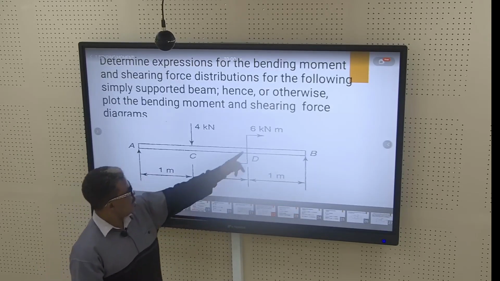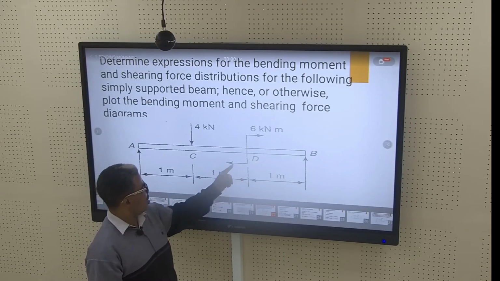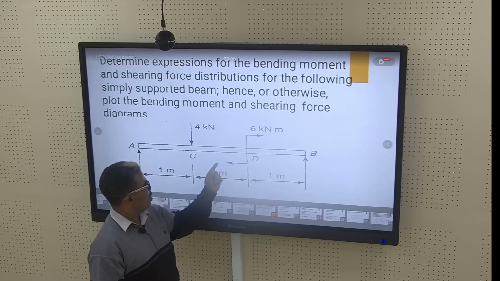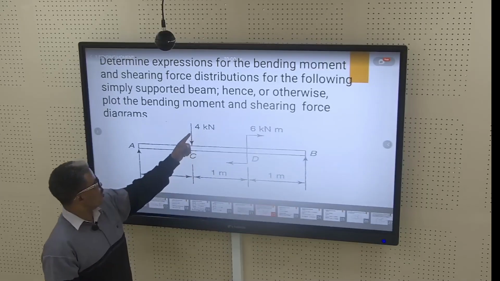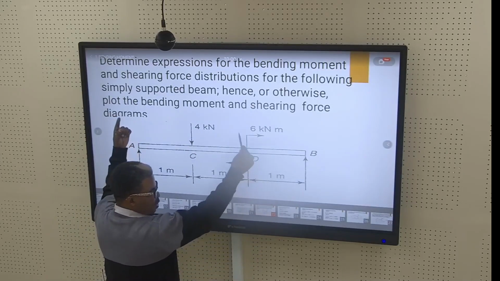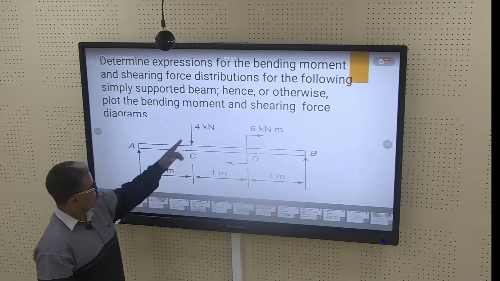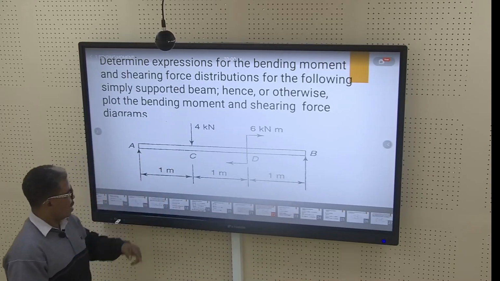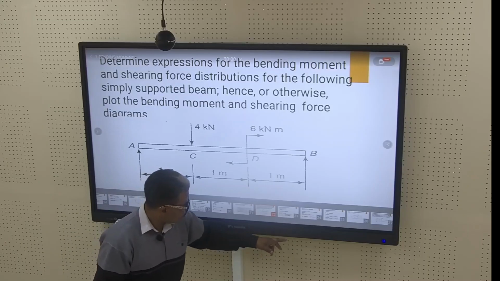The 6 kilonewton meter is not included because it's a balanced couple, so it cancels out. So we only regard the 4 for the forces acting downwards and the ones going upwards. So it's 4 equated to the forces R1 and R2.